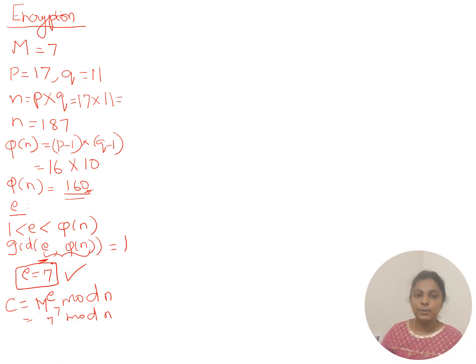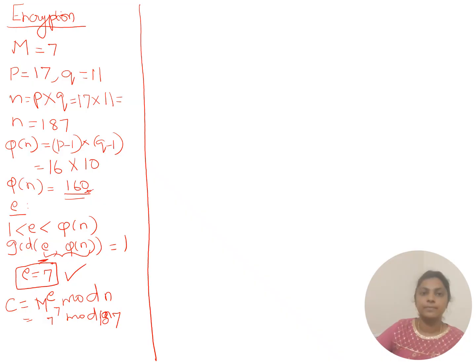So the n value is 187. Sorry, the m value is taken as 88.